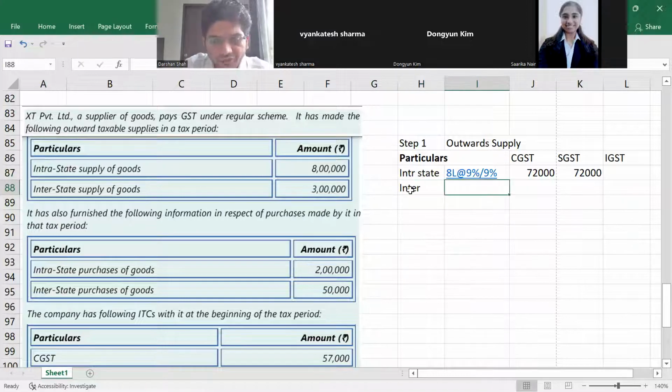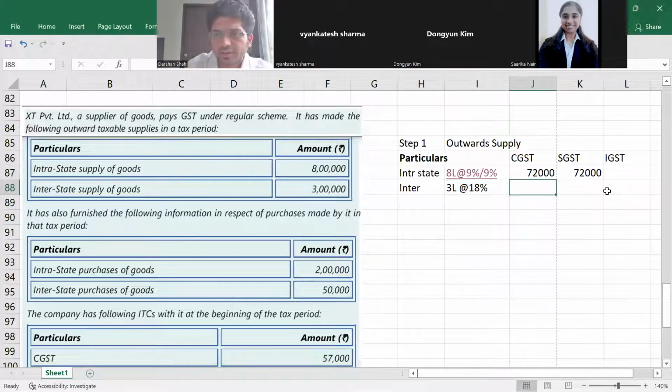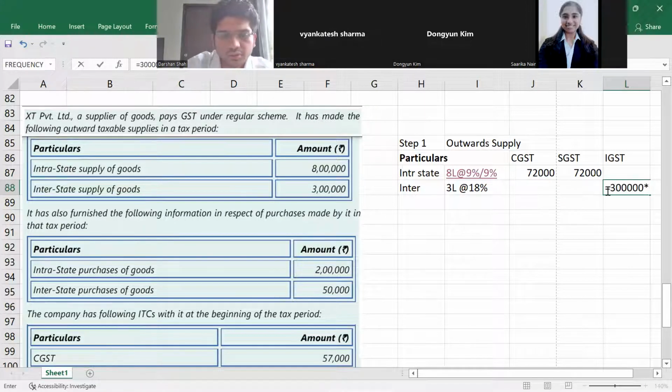Now, interstate supply of 3 lakhs. Which tax? IGST rate they have given, 18%. So I'll write directly in the 18% column. 3 lakhs into 18%.